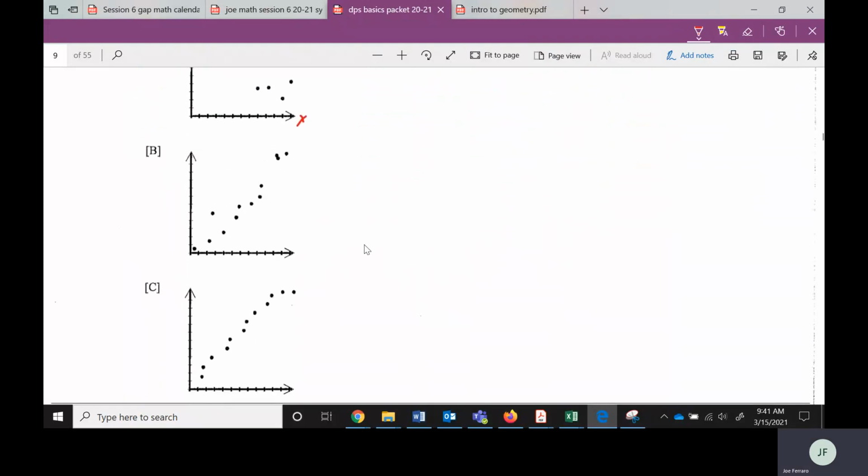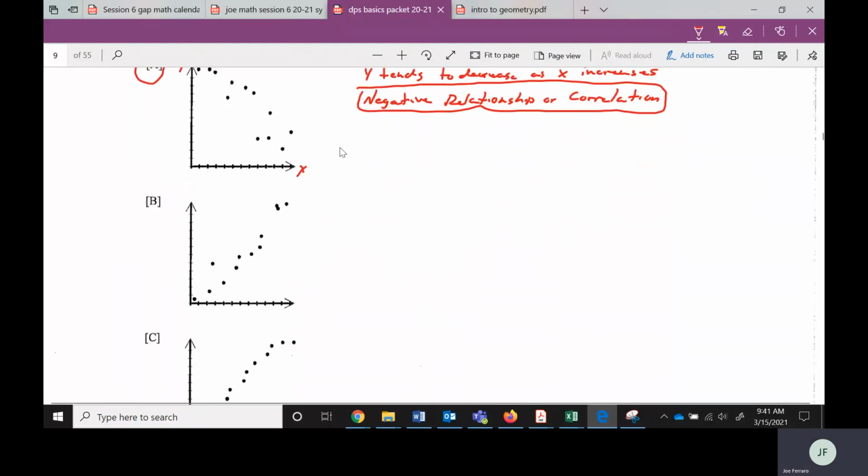So what happens here, y tends to increase or go up as x increases. Or as one gets bigger, the other gets bigger. Here it's opposite. If as one gets bigger, the other gets smaller, y goes down.